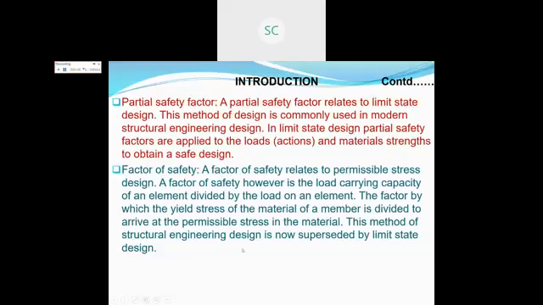This method of structural engineering design is now superseded by limit state design. So now we are not using the factor of safety of the working stress method anywhere. Always we are using the partial safety factor and the limit state method. Remember it.